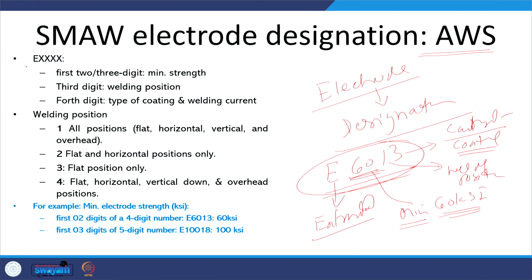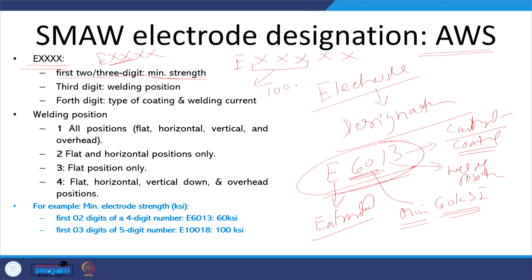As I have said, the first E is for extruded electrode, and then the first two digits show the minimum strength. Sometimes the designation contains 5 numbers, in which case the first 3 numbers indicate the minimum strength.